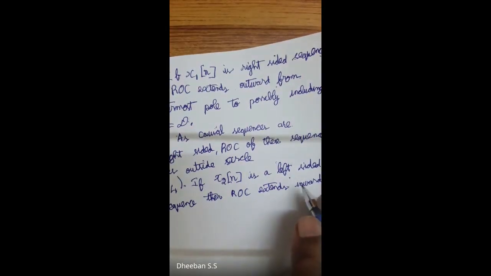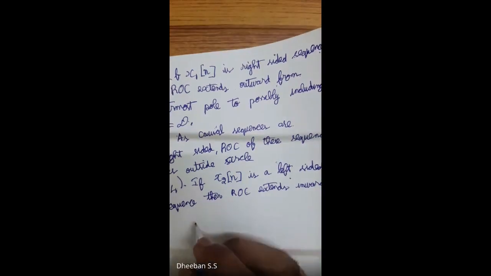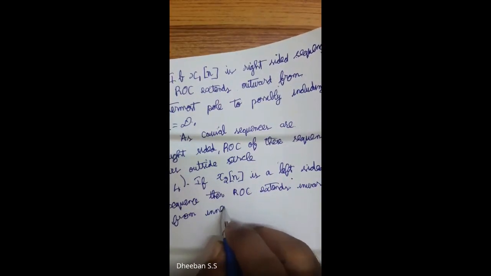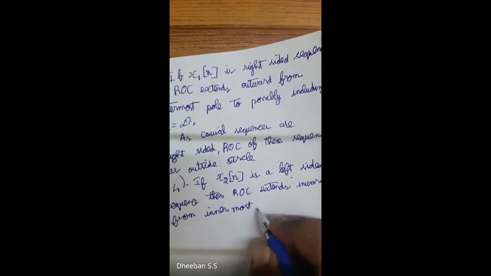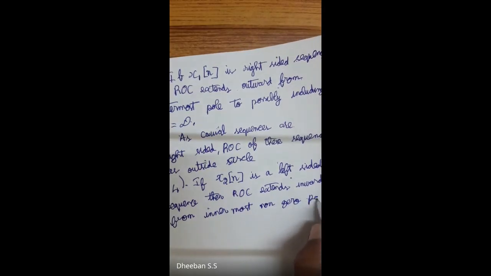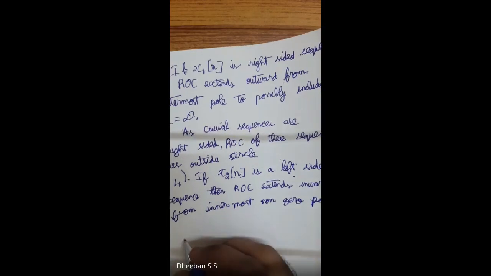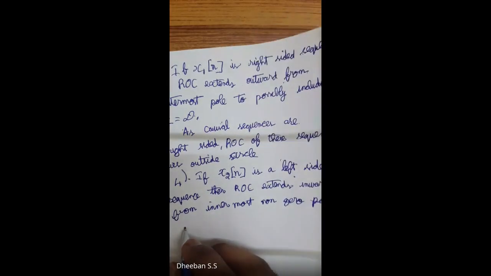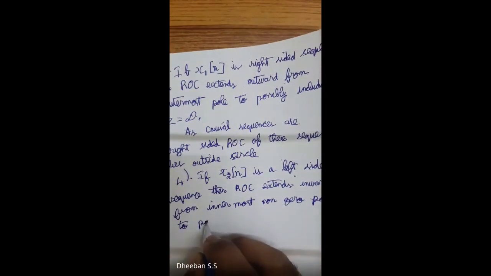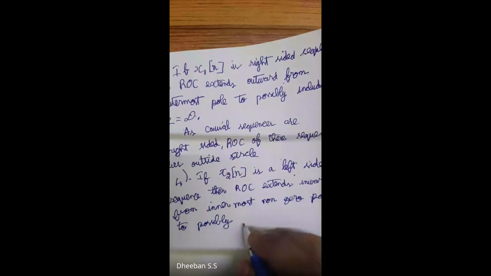Okay. ROC extends inward from the innermost non-zero pole to possibly including z equal to 0. So in all the conditions, what you have to infer is that the pole will be at the boundary.